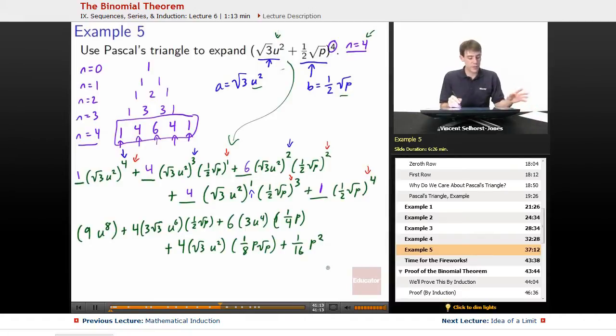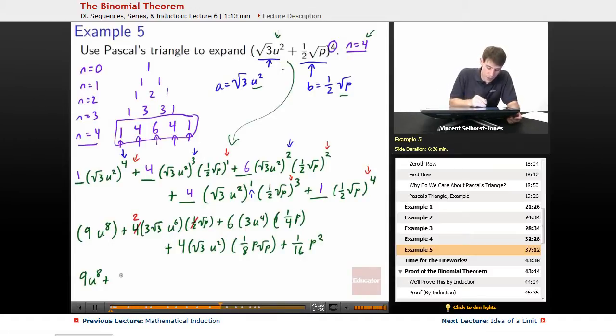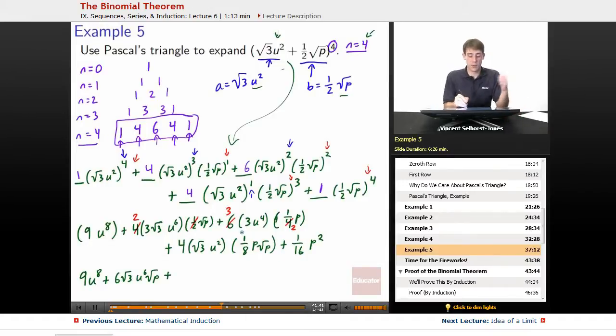Great. Now we can simplify this whole thing, do the last of the simplification. So 9u to the 8th plus 4 times 3 root 3 times 1/2. So 1/2 cancels the 4 down to a 2. We're left with 6 root 3 u to the 6th root p, plus we've got 1/4 here, so this will become 1/2. This will become 3. 6 times 1/4 becomes 3 times 1/2.